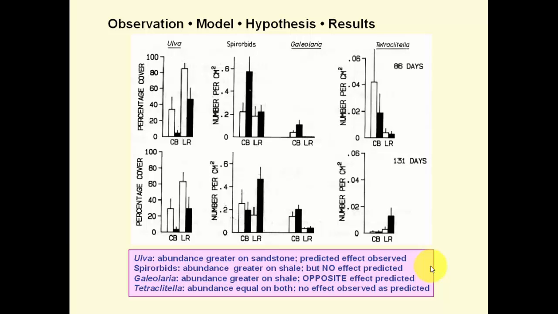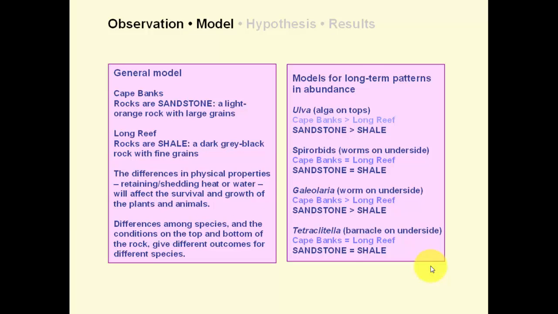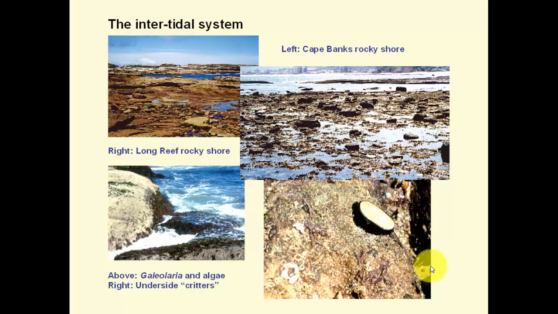Now, what might be going on here that's more complicated? Well, let's go right back to the start, to the photos. And if you look up here, you'll see that, first of all, there's a lot of seaweed growing around here at Longreef, which there isn't at Cape Banks. And then you may also get glimpses of sand. So the area at Longreef was very sandy.